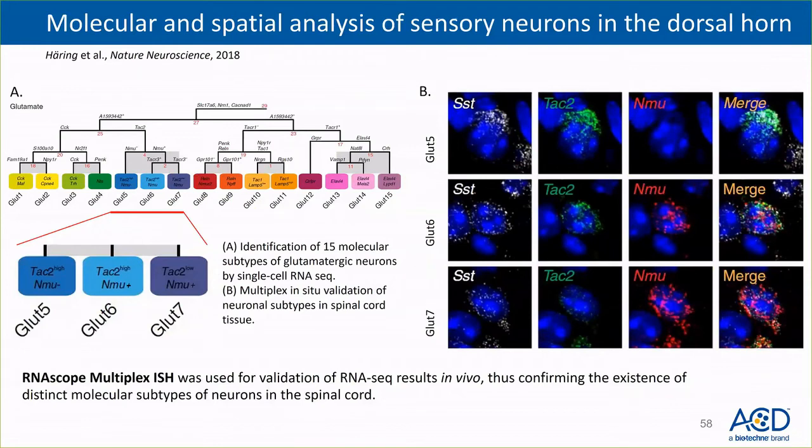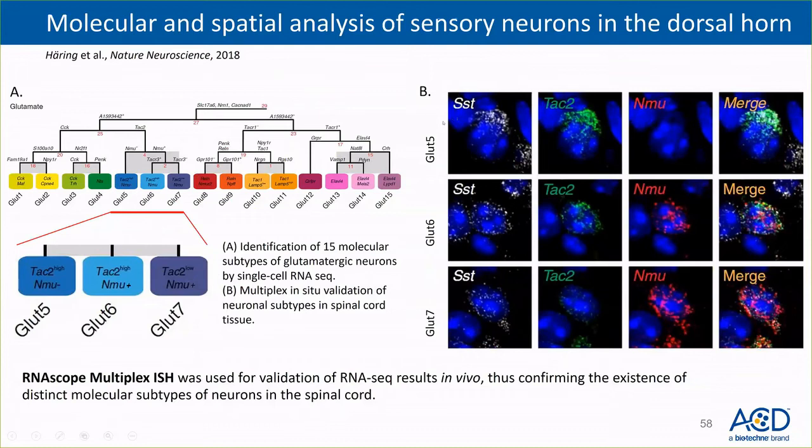So they used RNAscope technology as a medium for in situ expression analyses of multiple genes. And what they could do here, if we focus on 3 different GLUT clusters that they identified and named GLUT 5, 6, and 7, and we are looking on the right for gene expressions of these populations.